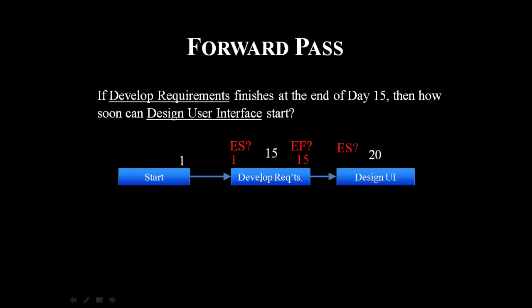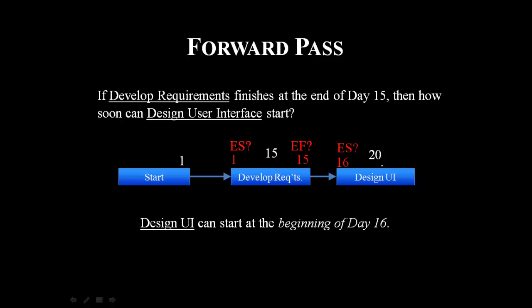When we go from develop requirements to design UI, if develop requirements finishes at the end of day 15, how soon can design user interface start? At the end of day 15, the develop requirements task was complete. Design UI would begin at the beginning of the next day, which is 16.